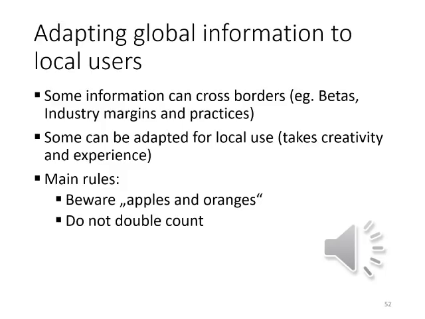Some information can cross borders without any particular difficulty, such as betas, industry margins, and practices. Some information can be adapted for local use, and this is where experience and creativity are very important. The main rules to follow are to be careful not to mix apples and oranges and not to double count.